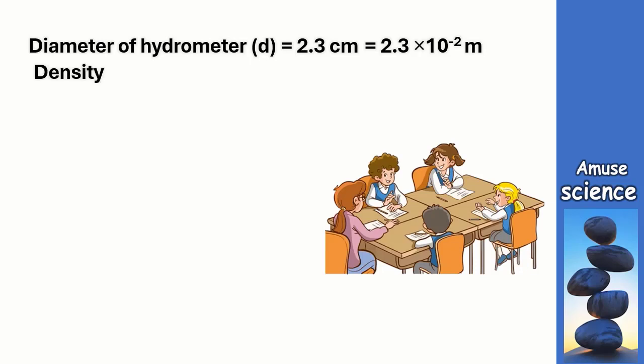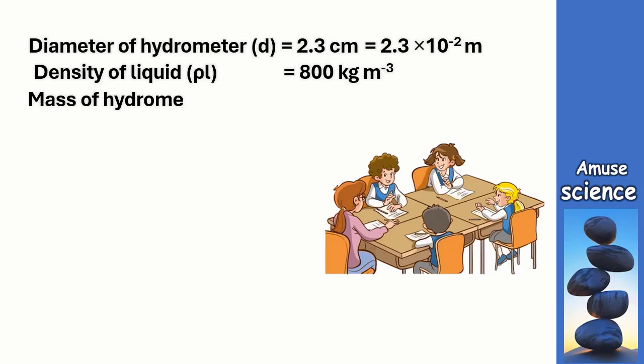Also, the density of the liquid in which the hydrometer floats, which we are representing as rho L, is given as 800 kilograms per cubic meter. We have been given that the mass of the hydrometer, which is represented by M, is equal to 80 grams. Here we also have to convert the mass of the hydrometer from grams to kilograms, because the density of the liquid is given in kilograms per cubic meter.